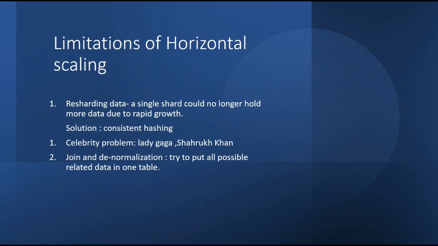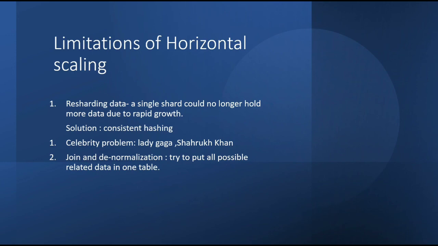Then the second thing is join and denormalization. As we know, we are putting all data across multiple shards, and doing joins over that is a little difficult. Also, doing queries will take time.